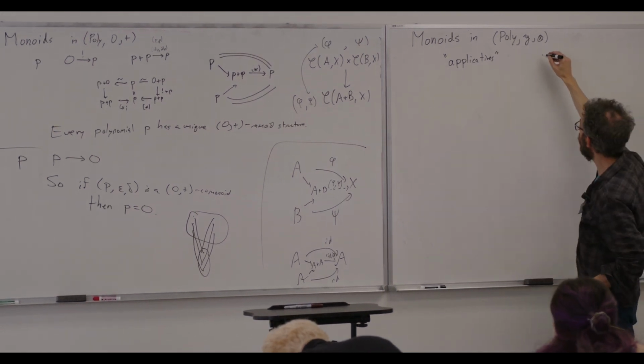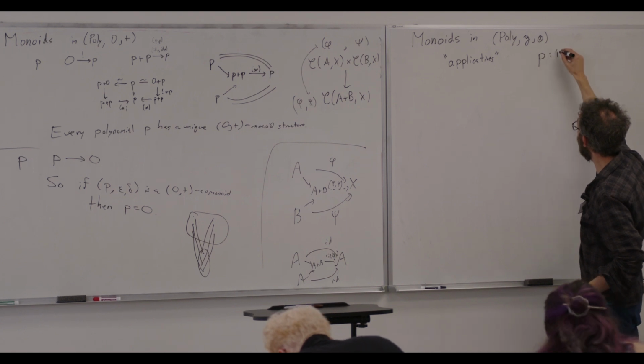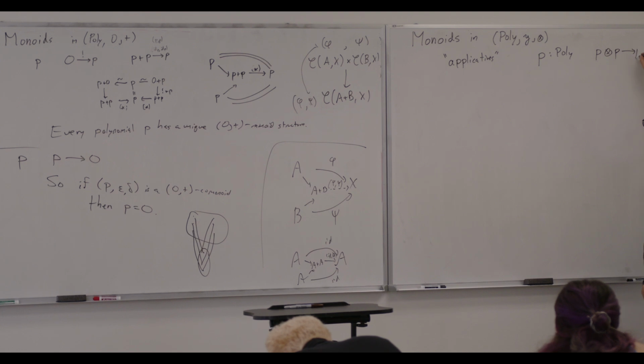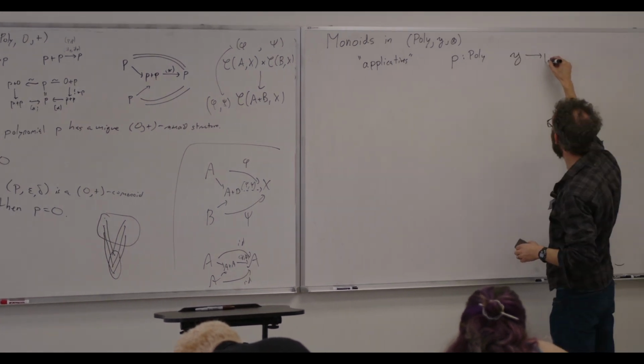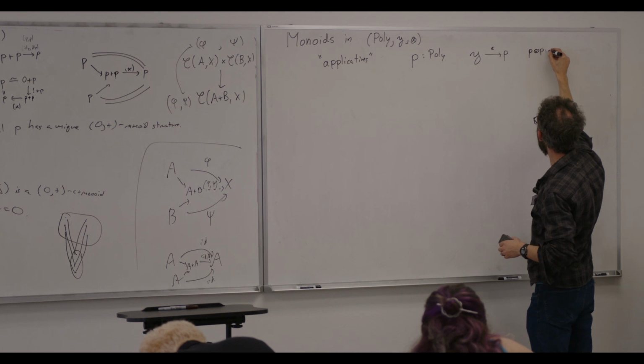What is one? It's a polynomial P, a map from P tensor P to P, and a map from Y to P. I'll do it in the same order. Y to P, and P tensor P to P.